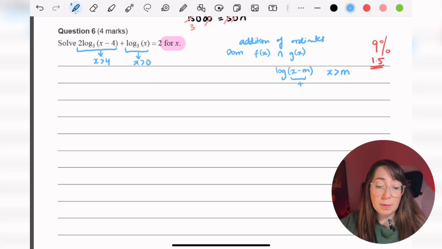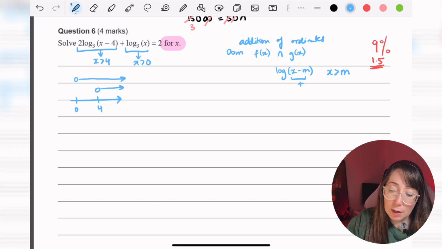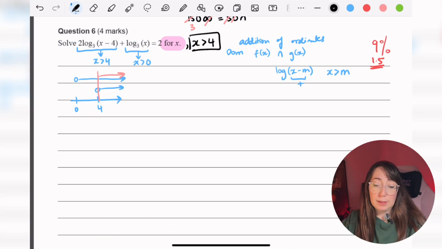What's common between them is going to be x is greater than 4. If you're not really sure on how to work out what's common between them, I usually draw a number line. So I'll put in the domain of both of them in there. So x greater than 4 looks like this. X greater than 0 looks like this. What do they have in common? It's from here onwards. So I'll say where x is greater than 4. And this is really, really important to get those solutions in.